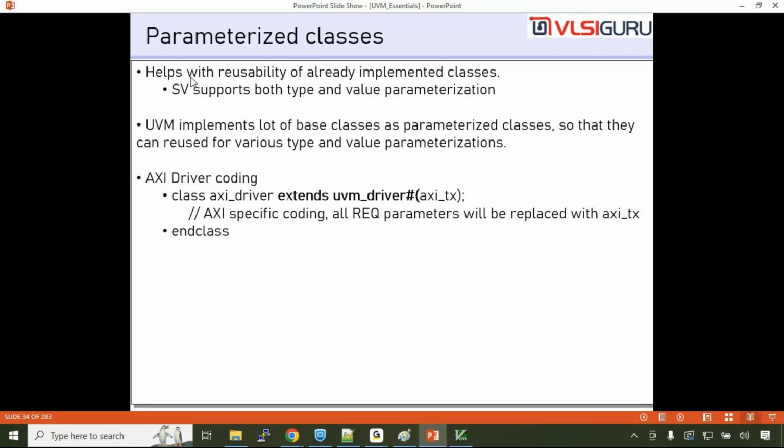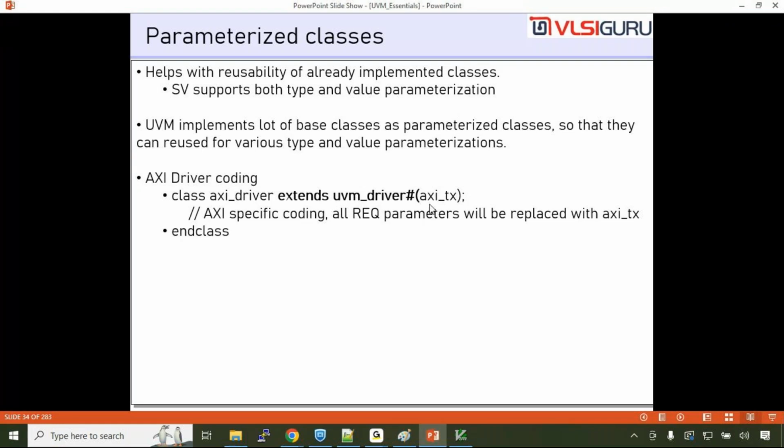Parameterized class helps with reusability of already implemented classes. As you know, SystemVerilog supports both type and value parameterization. UVM implements a lot of base classes as parameterized classes so that they can be reused for various type and value parameterizations. If you talk about AXI driver coding, class AXI driver extends from where?